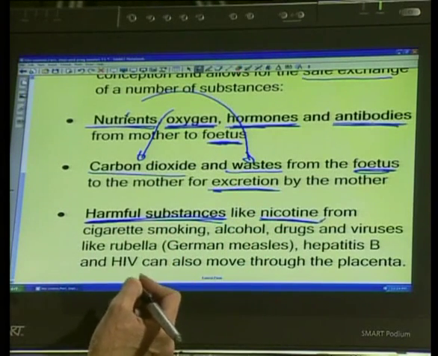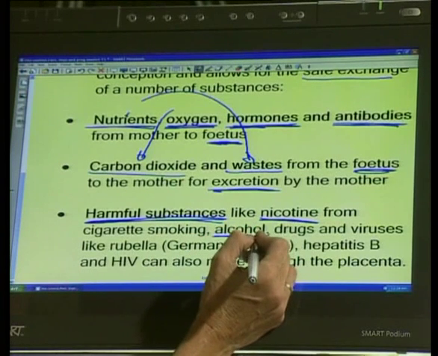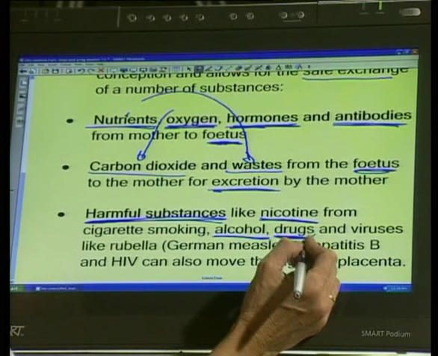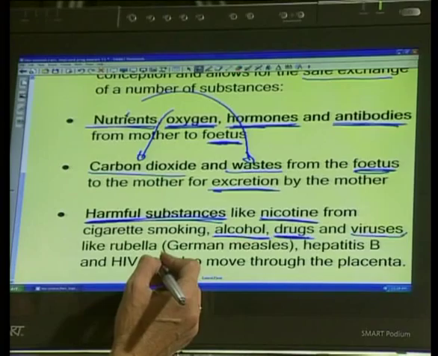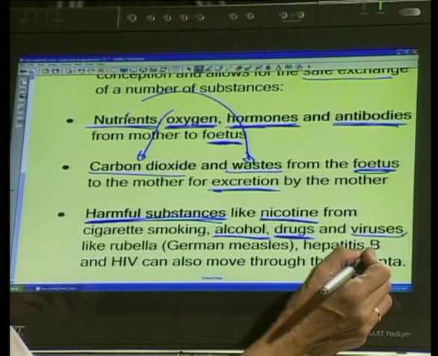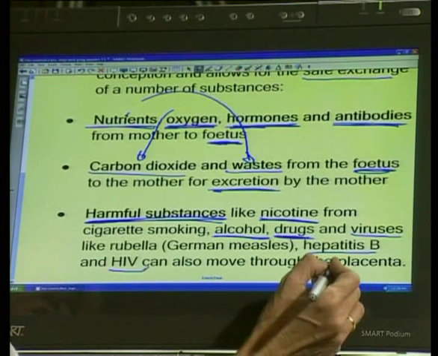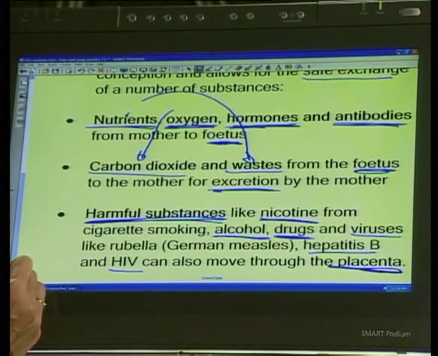You should not smoke when you are pregnant. Alcohol, definitely no alcohol. Drugs, viruses like rubella. You stay away from anyone who's got German measles. Hepatitis B, HIV, all of those can move through that placenta, and that creates a huge issue.